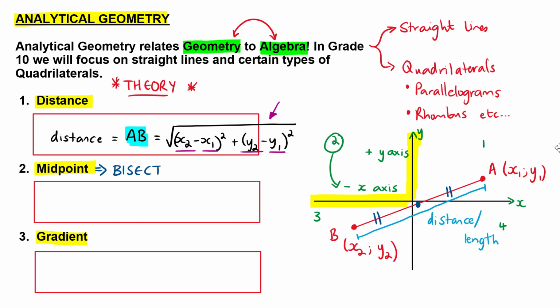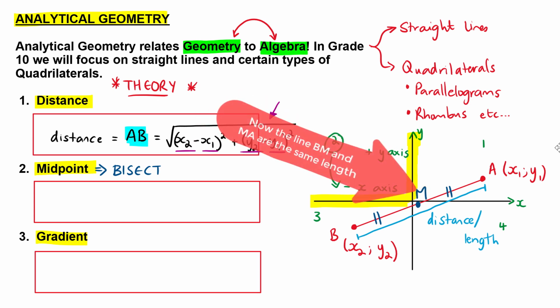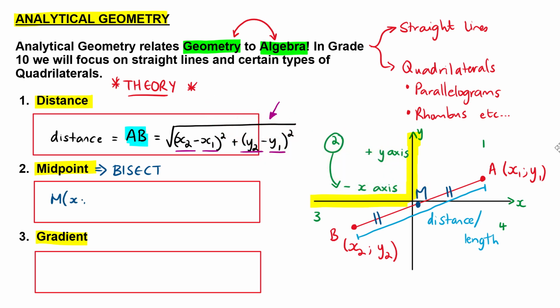And we usually label the midpoint with a capital M, as shown in the diagram. And the formula for that is M, which has an xy coordinate, is going to be given as x2 plus x1 divided by 2, and then y2 plus y1 divided by 2, like so.